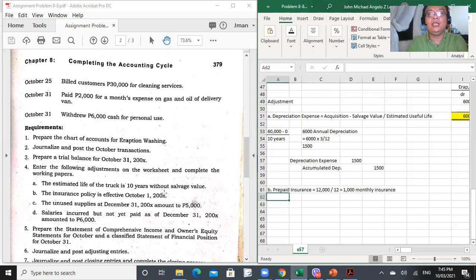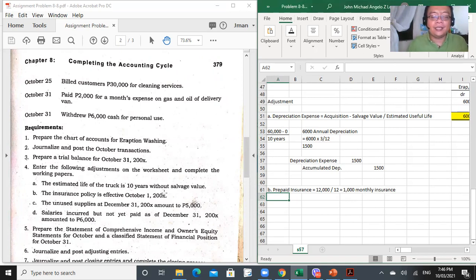And in reality, it depends on the insurance policy, like Sun Life or any other insurance. If you pay on October 5, the policy will be effective on the first day of October.